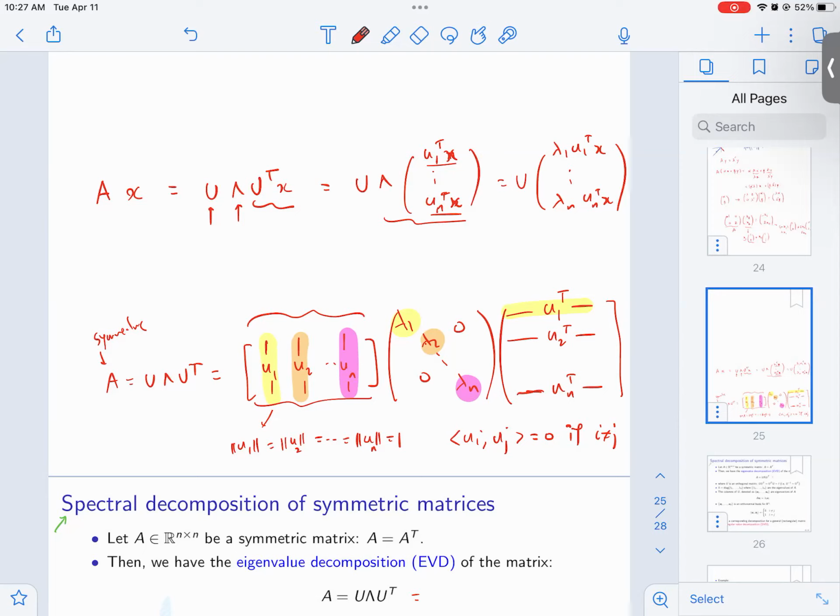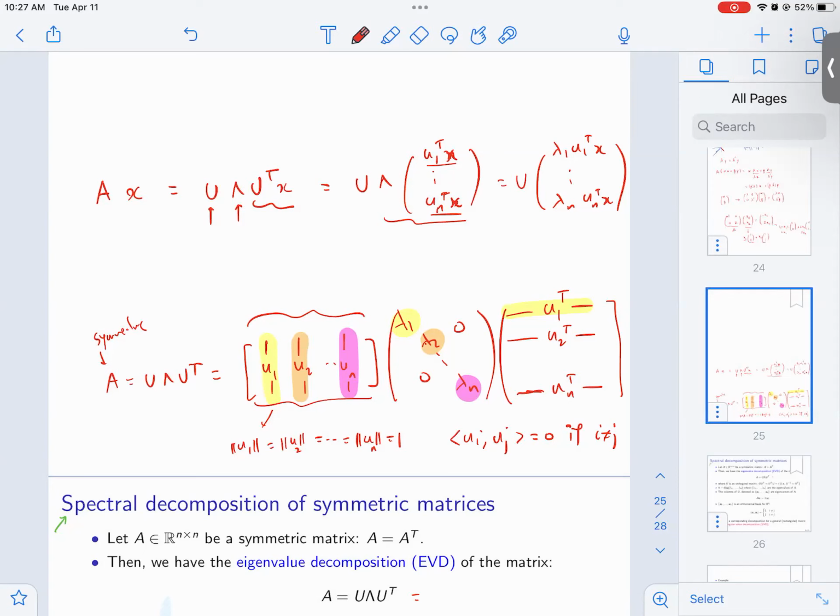When you multiply this by U, you just form the linear combination of the elements of U by those coordinates, and that's what you have. If you haven't seen it the first time, this is just a consequence of the idea of eigenvalue and eigenvector plus the idea of symmetry.